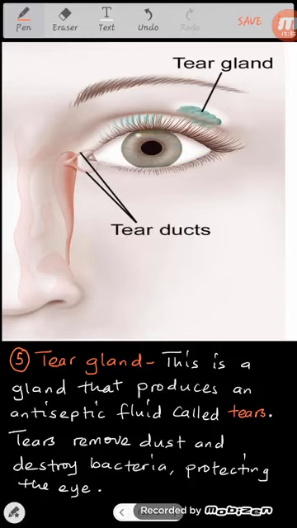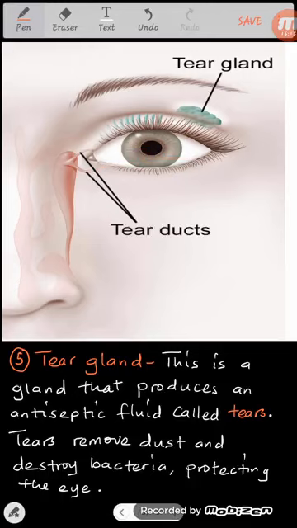Number one, tears remove dust and destroy bacteria. So when dust or bacteria enter your eyes, automatically the tear glands will produce tears. Those tears are going to remove any dust specks or bacteria that has entered the eye, thereby protecting the eye from damage. Without tears, our eyes by now would have been damaged from so many things.